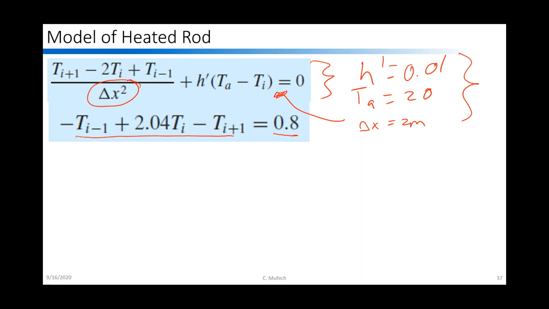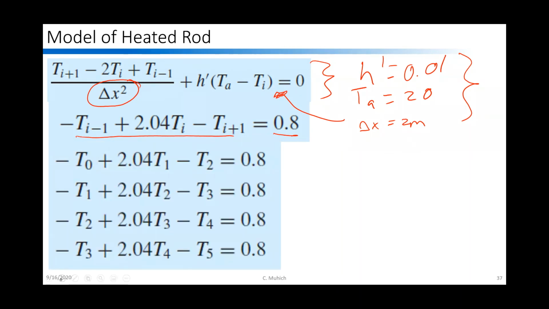Now, as long as I'm at interior points, this equation will hold. So I can write this out for an equation looking at T1, or at x1, so that first point, second point, third point, and fourth point. So we have all of these points set in there.